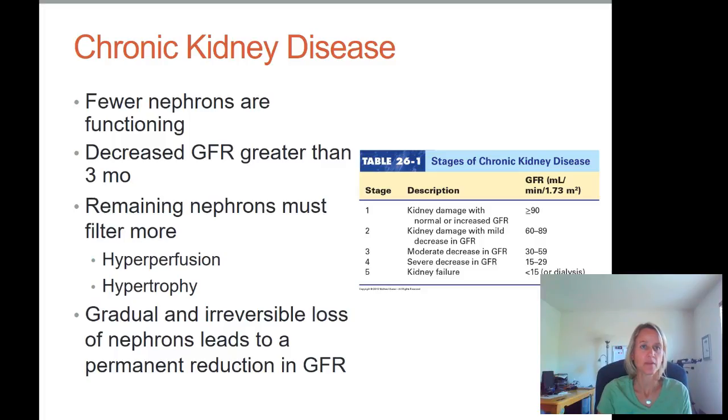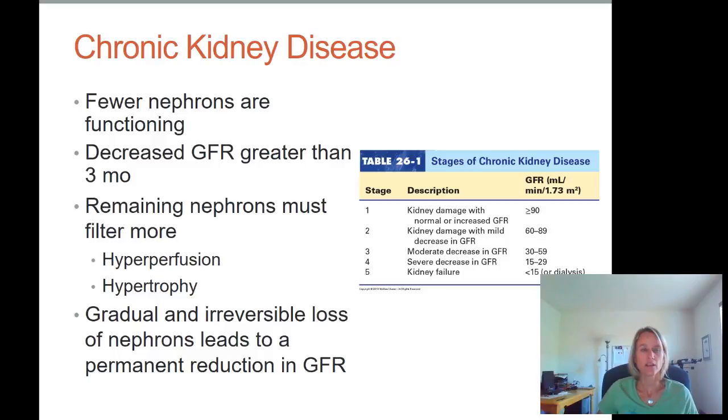Moving on. Chronic kidney disease. So acute, we have a sudden loss of kidney functioning. It could be due to pre, intra, or post renal failure. Chronic kidney disease, we have a kind of a progression where we're losing nephrons over time.